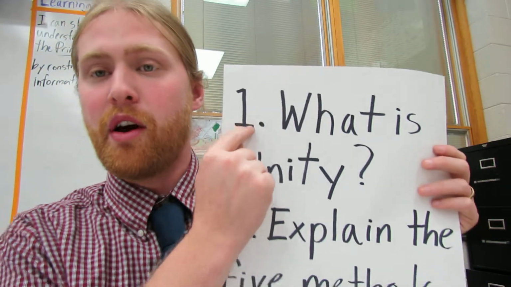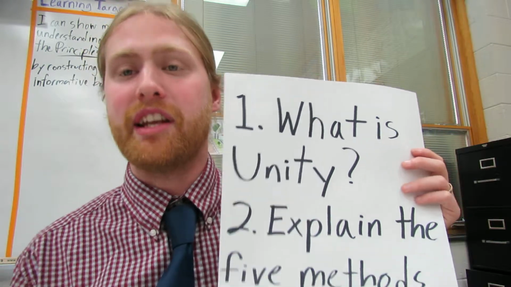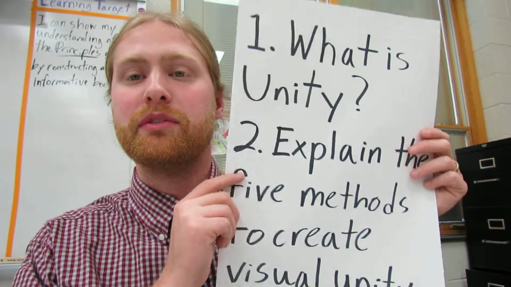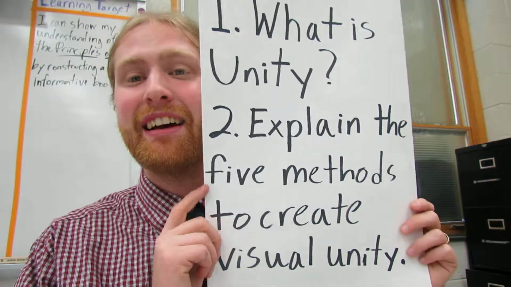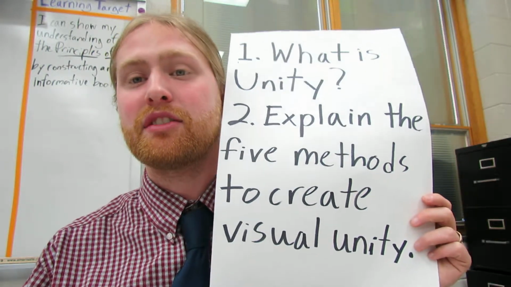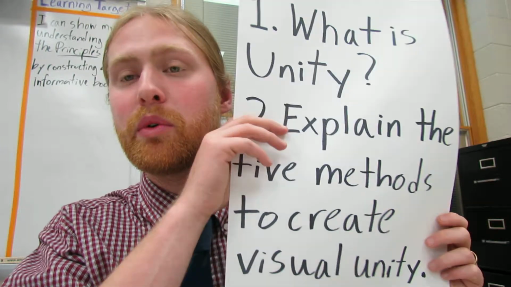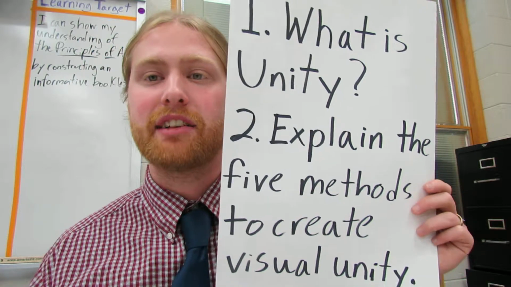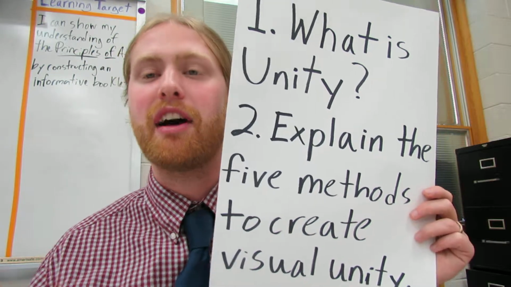All right, so question 1, what is unity? Question 2, I want you to explain the 5 methods to create visual unity. Remember, they're the ones I named earlier, and they're the ones that are italicized in your book. The 5 methods.